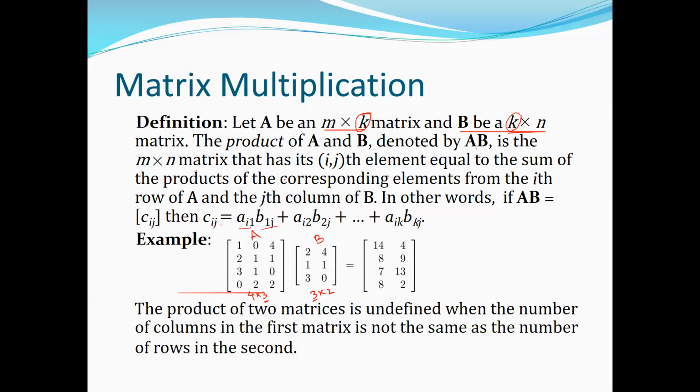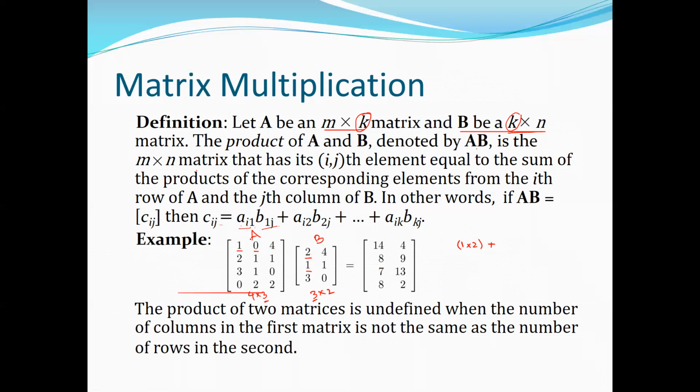But how can we multiply? See, the first element here in matrix A, that is 1, will be multiplied with the first element. I mean, this A11 will be multiplied with B11. So that is 1 into 2, right? And then we will add. How? The second element, that is A12, will be multiplied by B21.